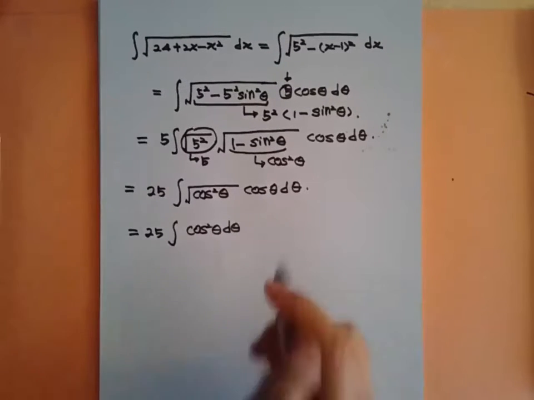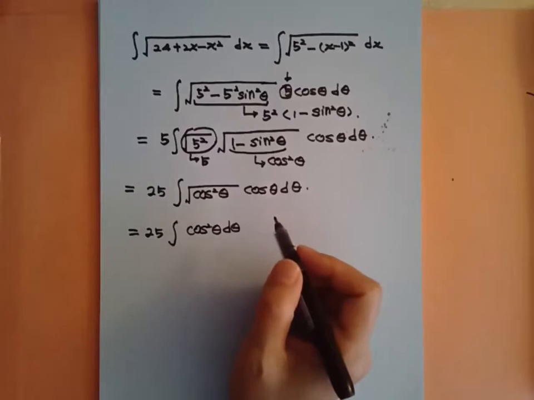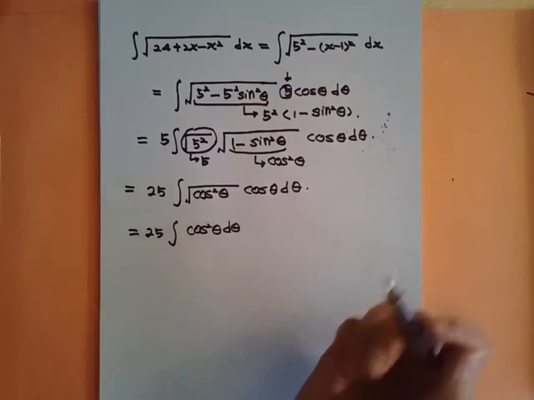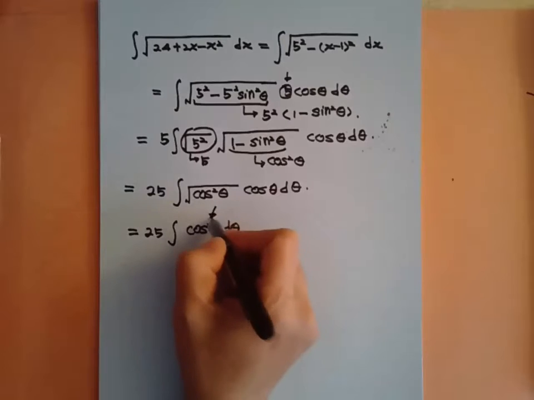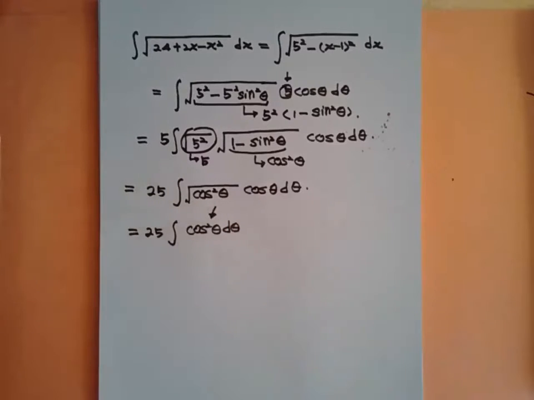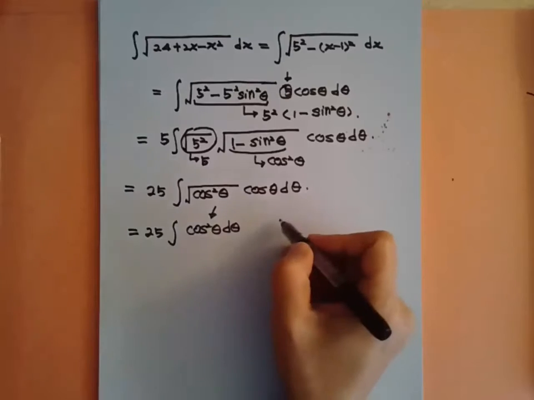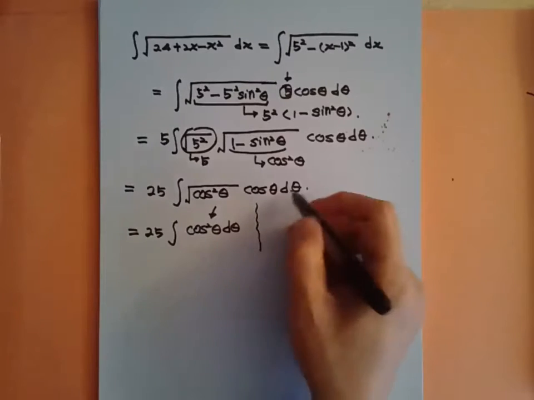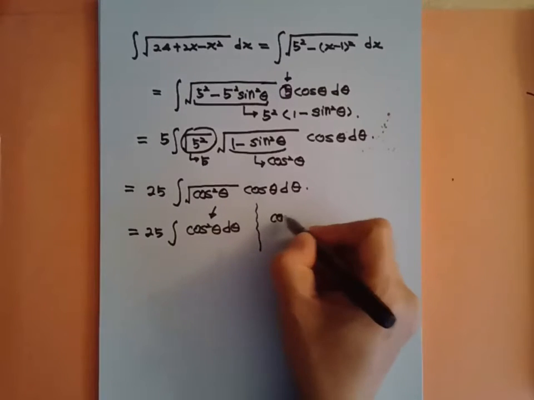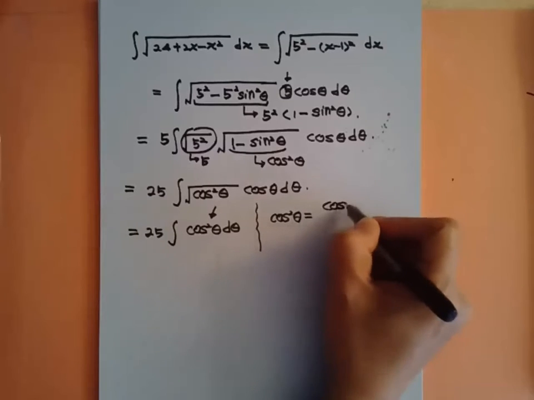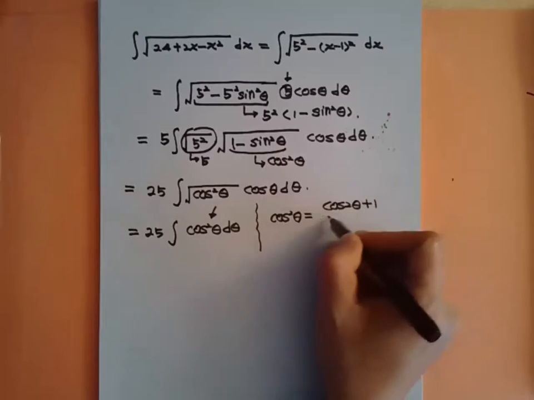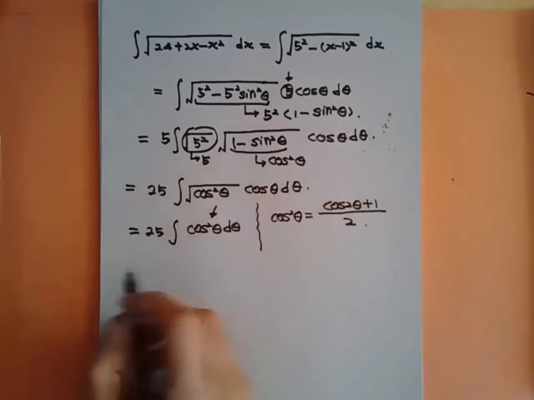So what can we do from here? We have degree 2 and nothing else is outside. So we have to think about the half angle formula. Half angle formula for cosine goes like cosine squared of theta equals cosine of 2 theta plus 1 over 2.